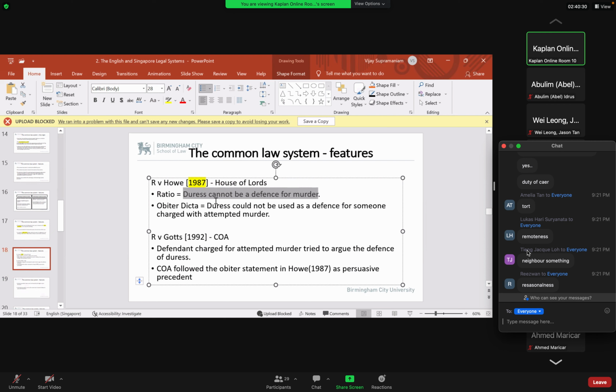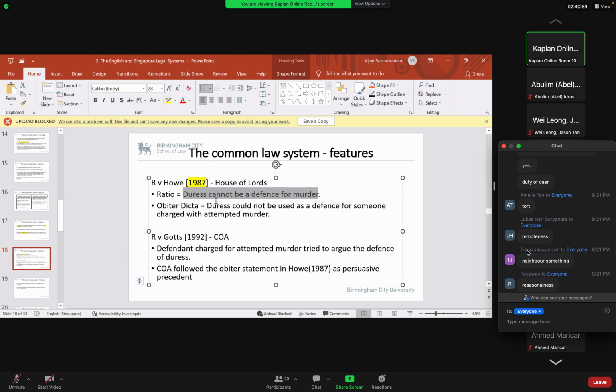Now, it's a different offense. Do you realize that? Attempted murder and murder are different offenses. Murder is a much more serious offense compared to attempted murder. The accused was not charged with attempted murder, so any discussion of attempted murder is of course not relevant to the case.